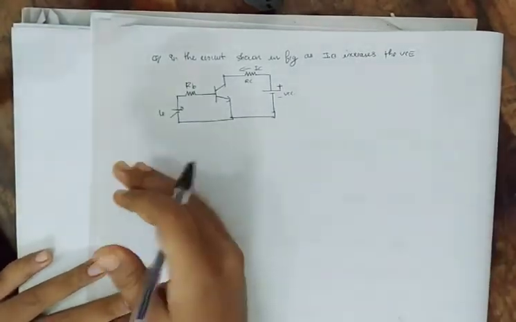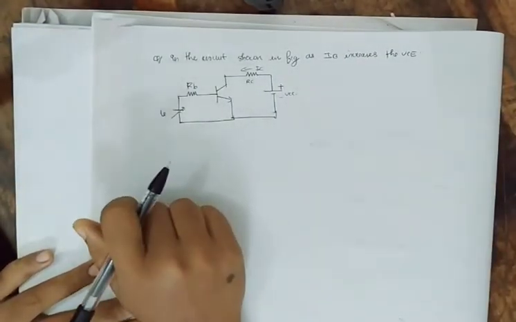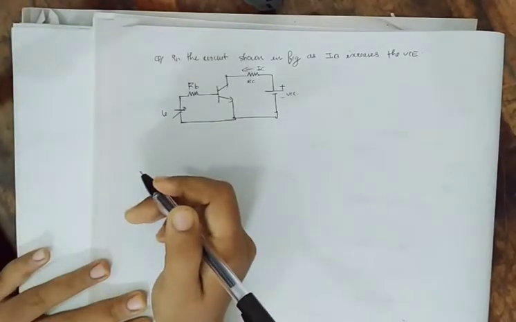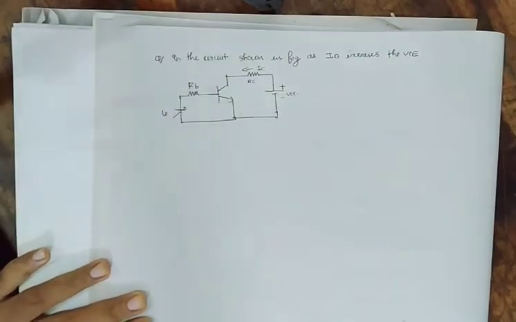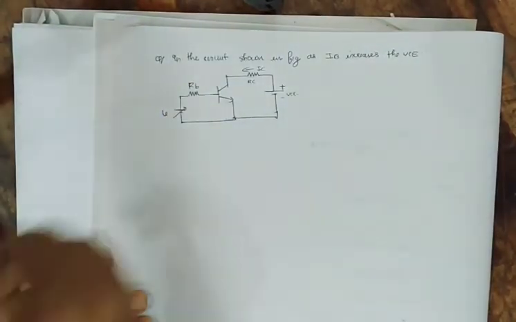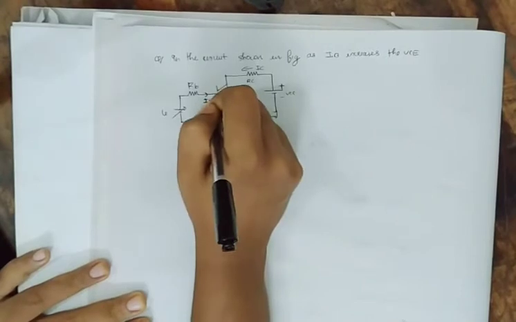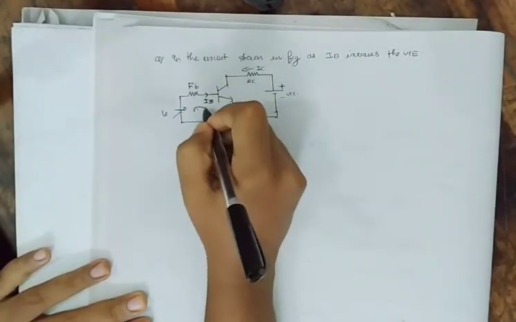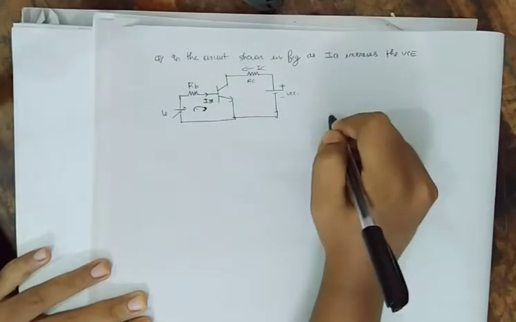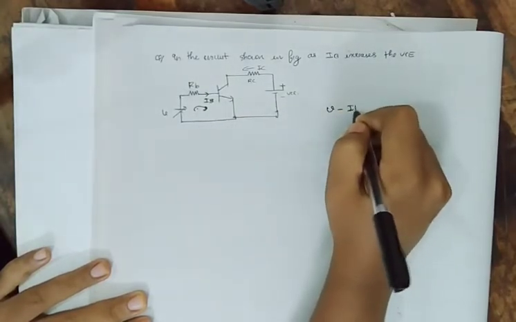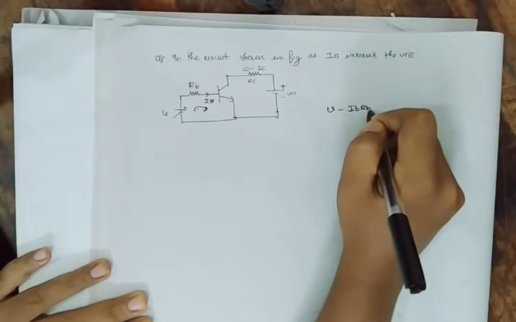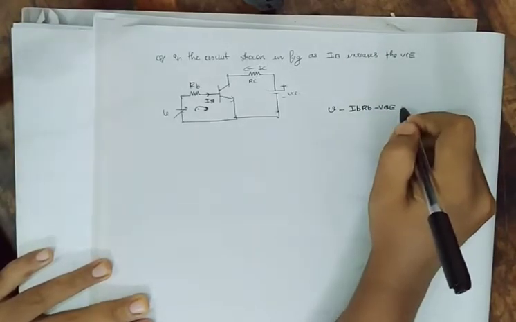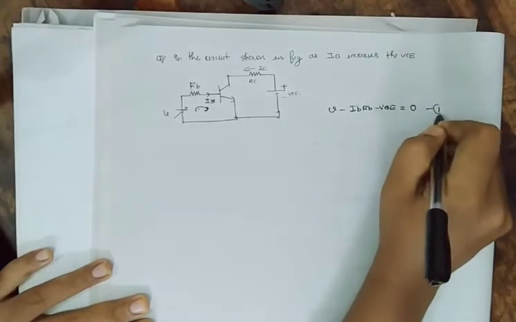In the circuit shown in the figure, as IB increases, what happens to VCE? That is being asked here. So I'll write the equations over here. The current over here is IB, this is IC. Writing the mesh equation over this loop, we get V minus IB RB minus VBE equal to 0. So this is equation number 1.